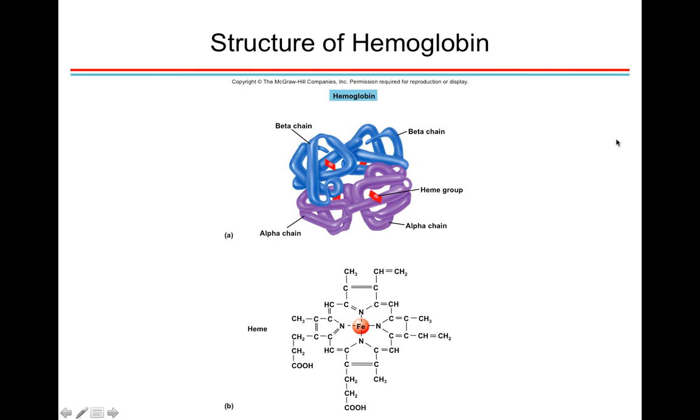Here we see 2 alpha and 2 beta chains, and I want to reiterate again that each hemoglobin can carry 4 molecules of oxygen, and there are critically 280 million hemoglobin in the average red blood cell. This allows each red blood cell to carry over 1 billion oxygen molecules. And then there's the iron in the heme that's critical in hemoglobin.